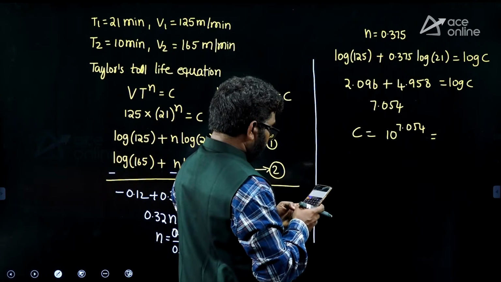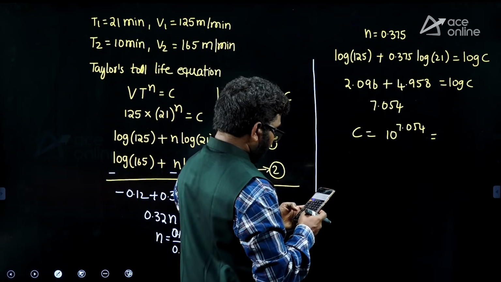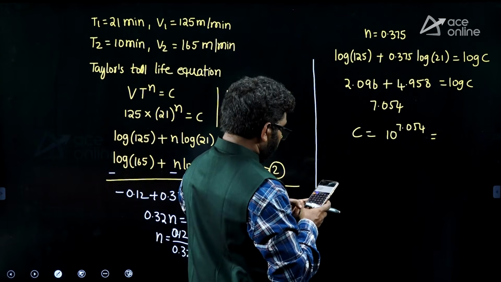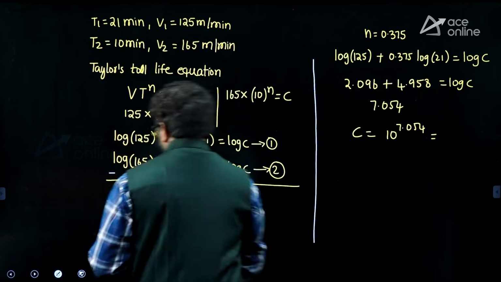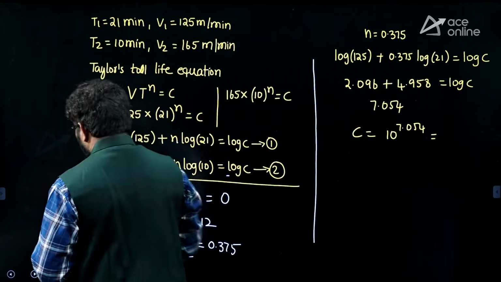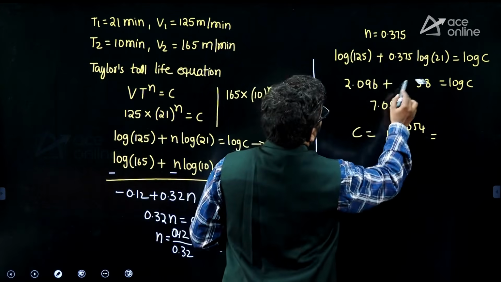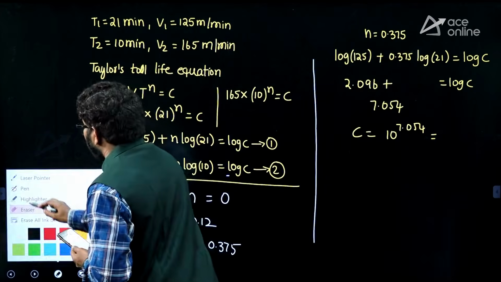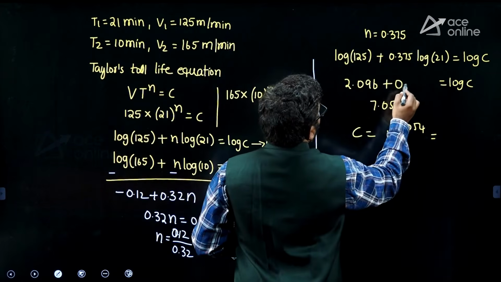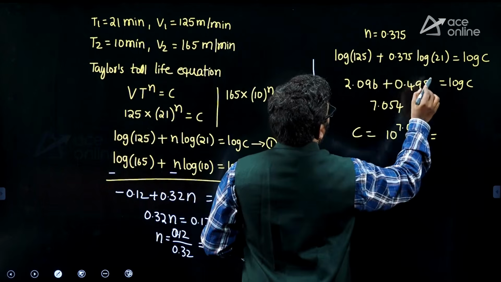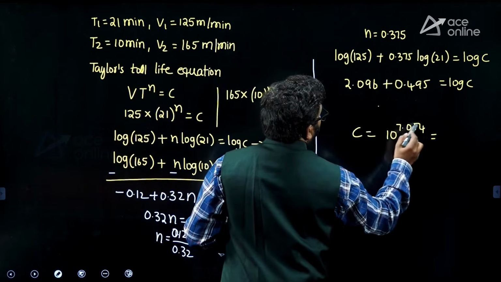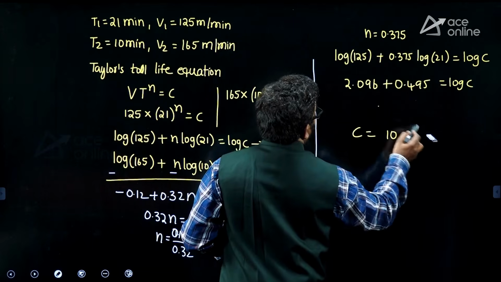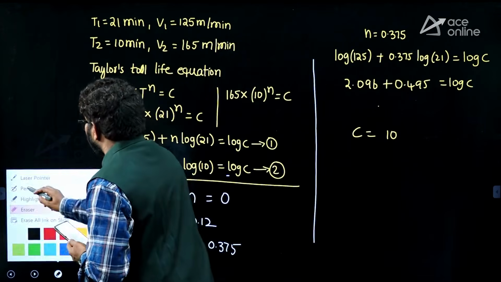Log 21 into 0.375 is 0.495, not 4.958 as I took.